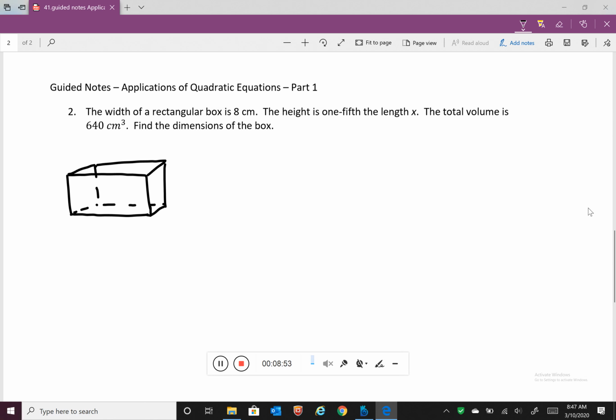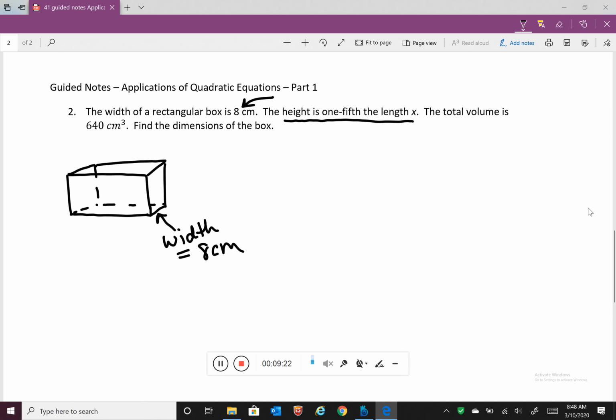And we are given the fact that the width is 8 centimeters. So I'm going to say that this is the width. I'm just making a choice. So the width is 8 centimeters. Now we also know that the height is 1/5 the length x.